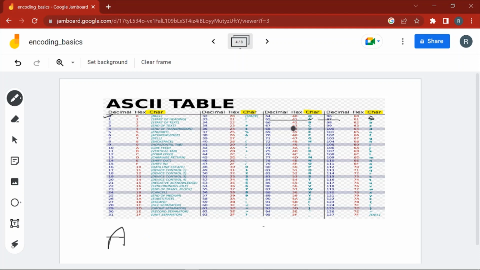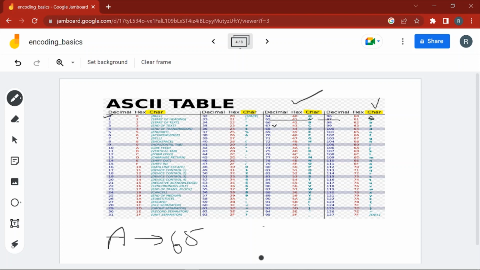Using this character set, we can get the corresponding number of A. How can you represent A with a number? You can refer to this section, you can see A here, and A is represented by 65. You can also see A, B, C. All these letters are present here, capital, and this side in small. If you want to get the number of C, then it is 67 here, you can see.